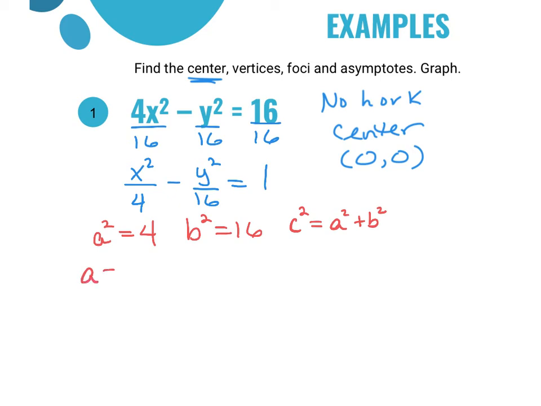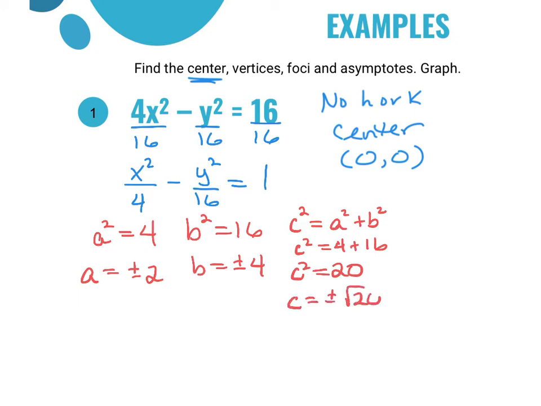So a is equal to plus and minus 2, I'm square rooting them. b is plus and minus 4. And then here I get 4 plus 16. C squared equals 20. So c is equal to plus and minus square root 20. I need to simplify that radical. I can make it 4 times 5, which simplifies to 2 square root 5.